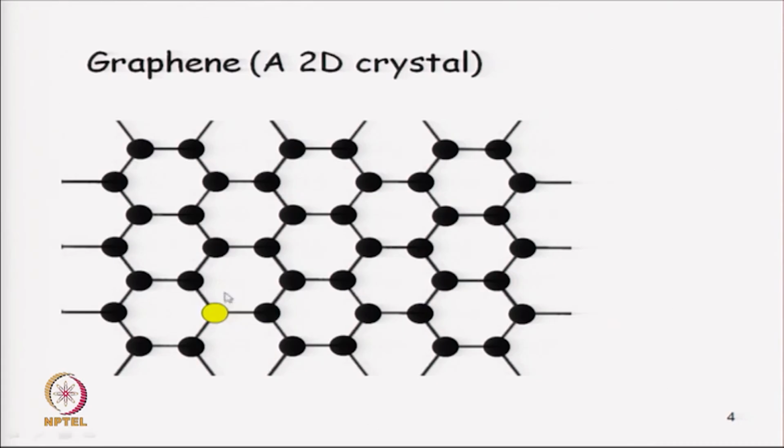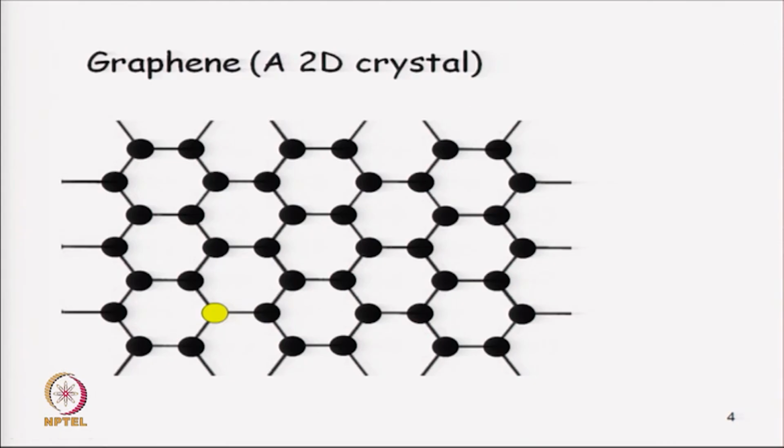in the lattice sense. But instead of going to the nearest neighbor, if I go to the next nearest neighbor, I find that this carbon atom and this yellow carbon atom are exactly identical. So, if I find a neighbor to the right from this yellow carbon atom, I also find a neighbor to the right from this next nearest carbon atom if I go in the same direction by the same distance. So, the nearest neighbors are not equivalent, but the next nearest neighbors are equivalent.